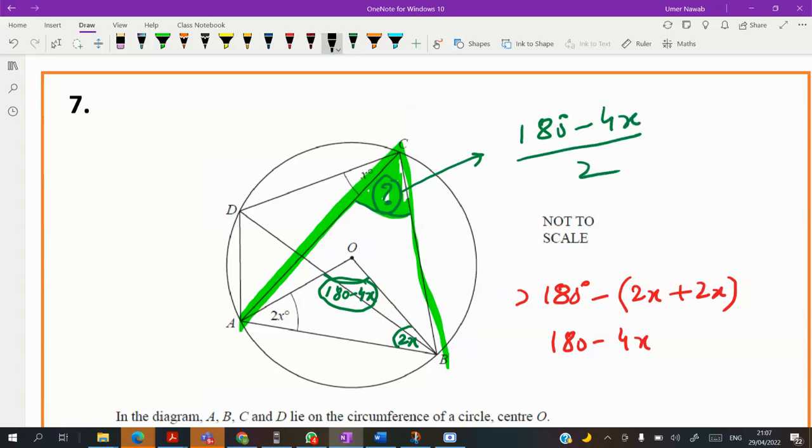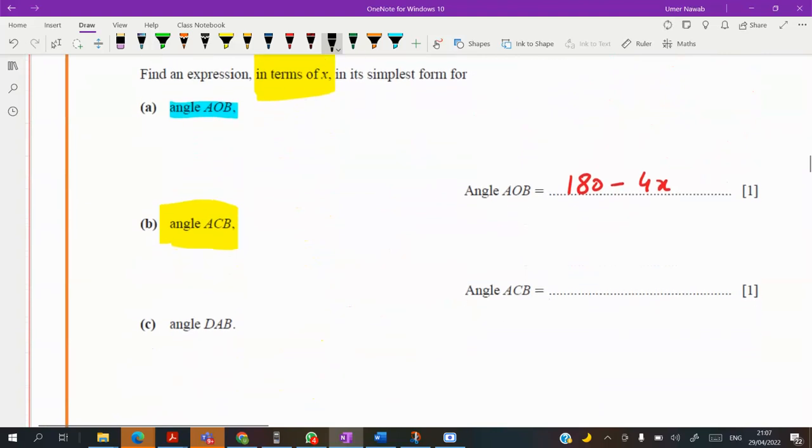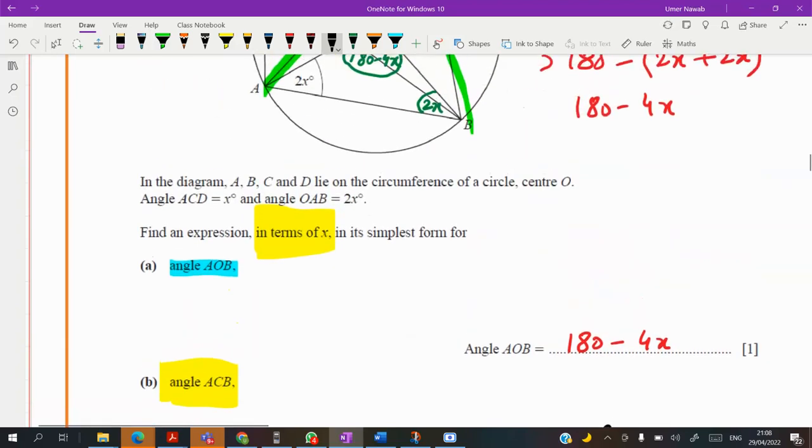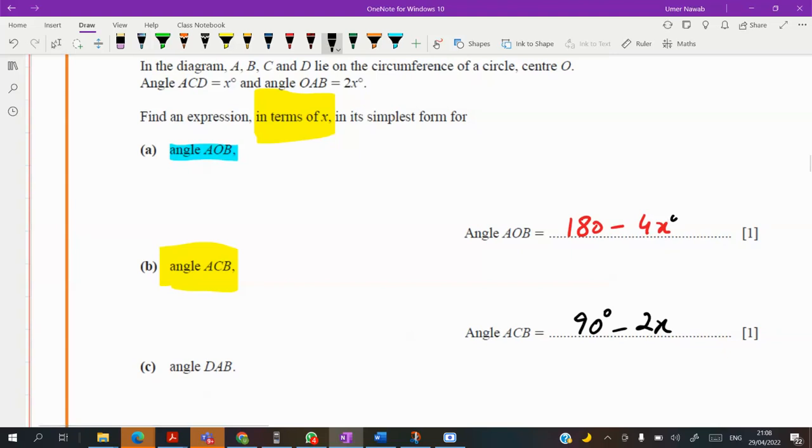When you divide it by 2, 180 divided by 2 will give you 90, and 4x divided by 2 will give you 2x. So 90 minus 2x. The half of 180 minus 4x is 90 minus 2x. We found it. Clear, boys? We found our answers.